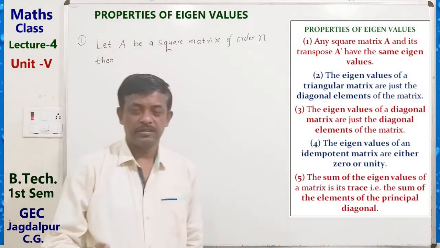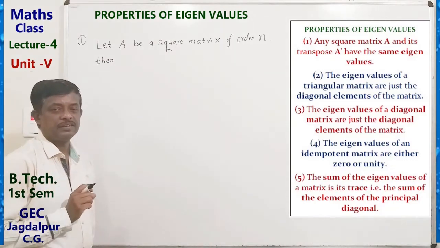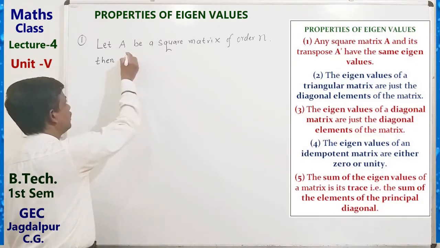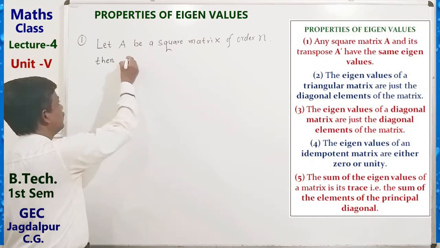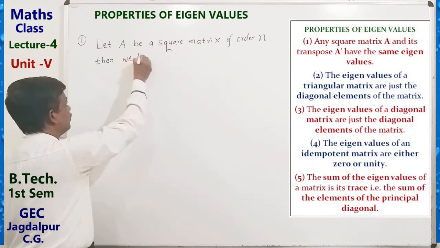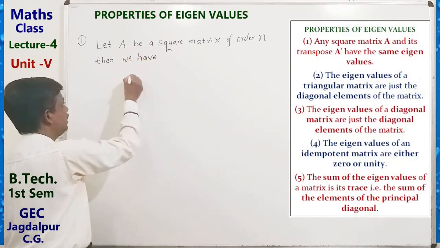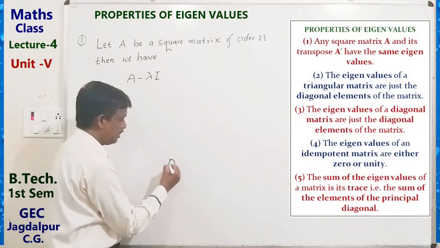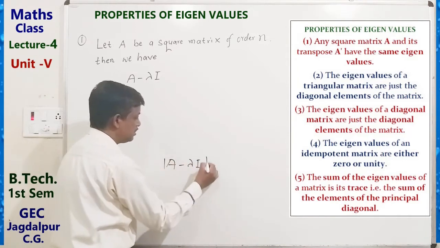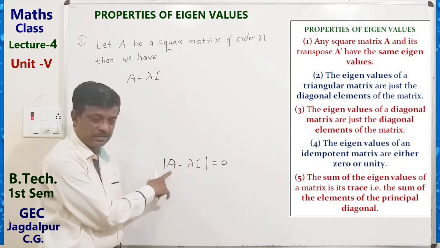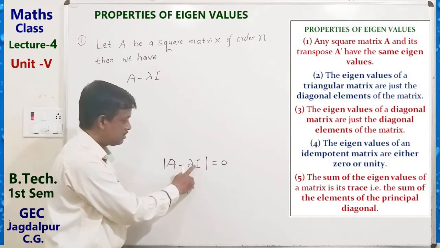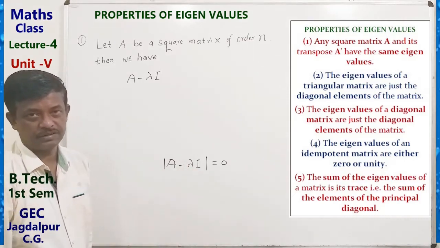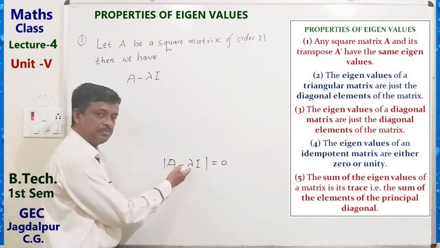as we know, eigenvalues are given by the characteristic equation, and we know the characteristic equation is determinant of A minus lambda I equals 0. Here A is a matrix, minus lambda a scalar, I is the unit matrix of the same order as A. This is the characteristic equation, a polynomial in lambda.